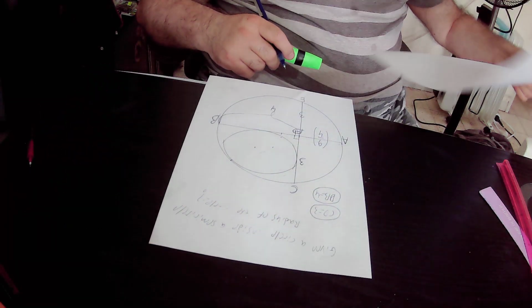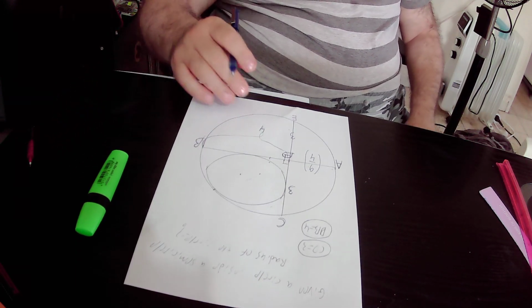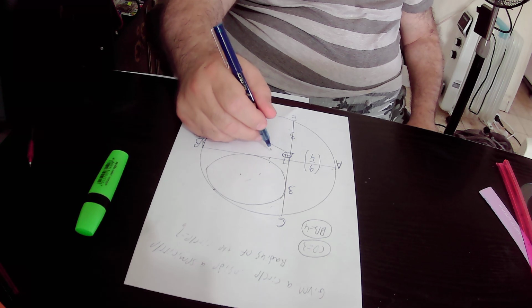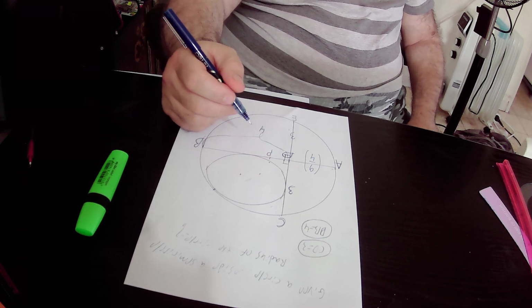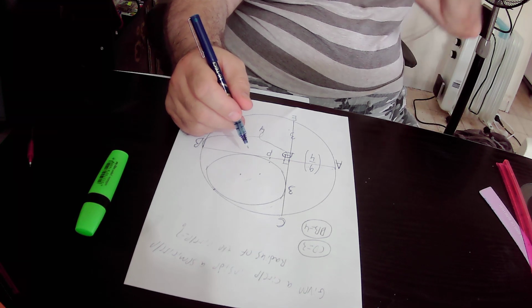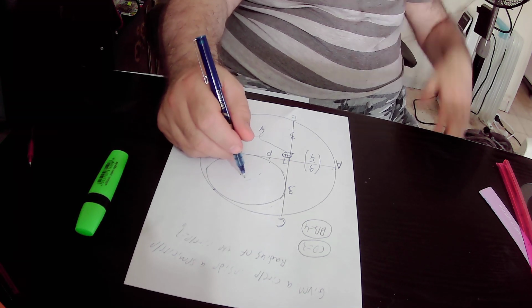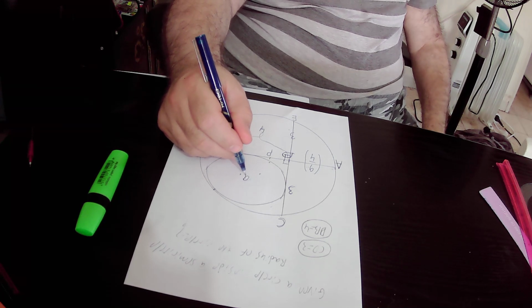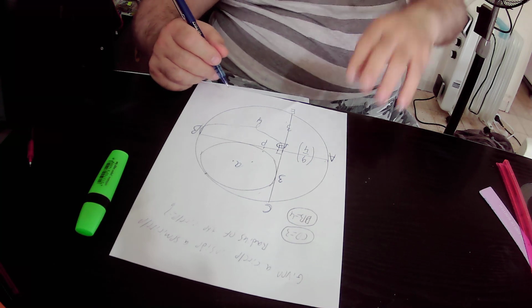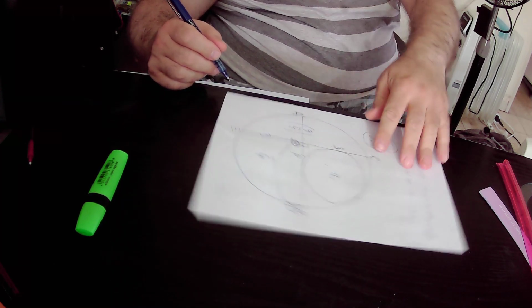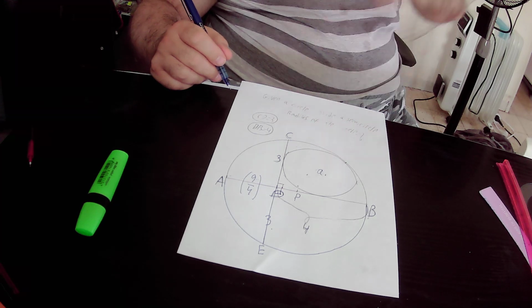In the next step, we will define the center of the big circle as point P, and we will define the center of the small circle as point Q. And then we will find out the length of line segment DP.